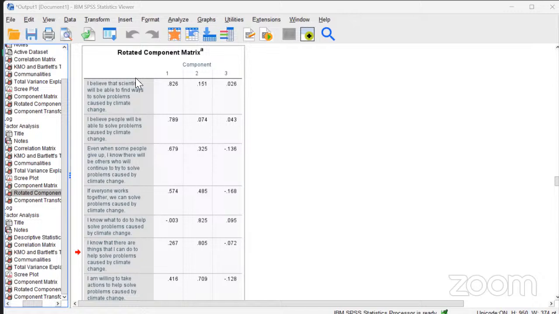So that means the predictive validity, that is okay.